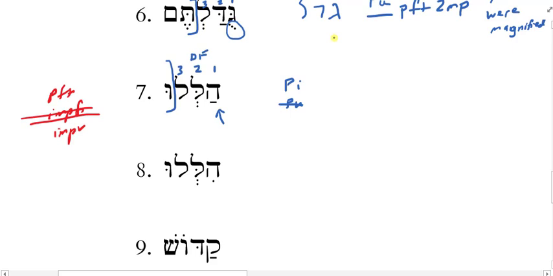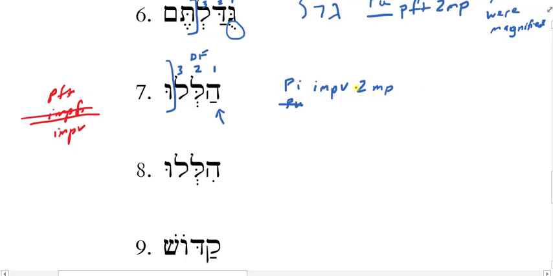So with hallelujah, this must be the PL what? Perfect or imperative? It's imperative. And if it's imperative, what is the shurik ending on an imperative? 2MP. That's it. Okay? So this is a command to which kind of people? You men. All right?